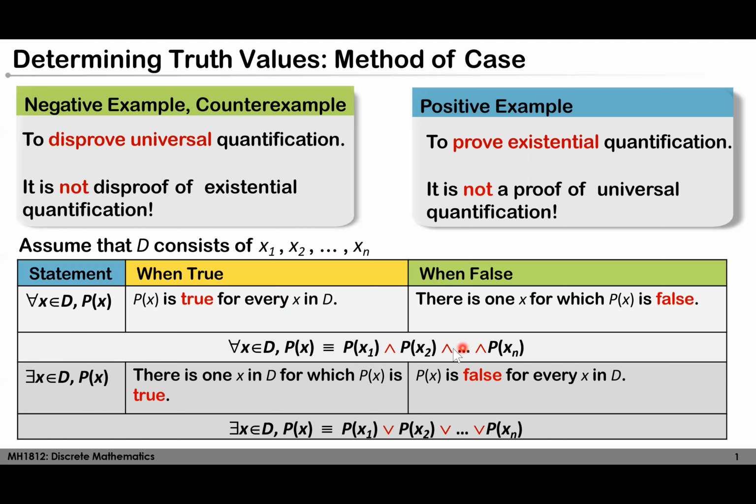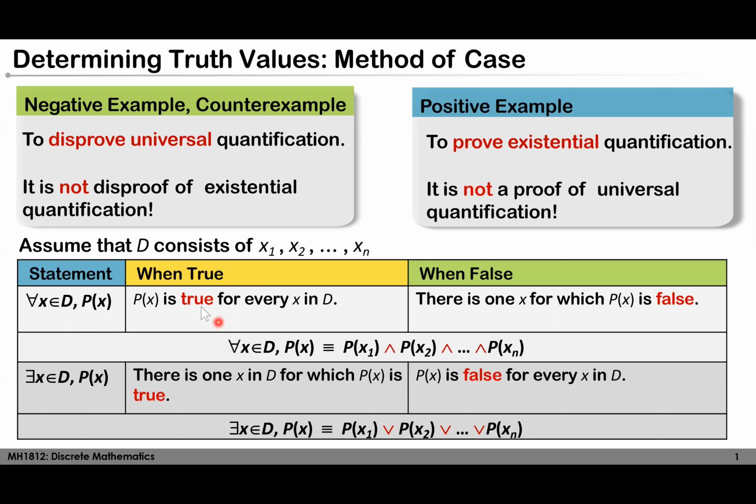So it is true when P of x is true for every x in D, and it is false as long as there exists one x in D whose instantiation is false. And for this existential quantification, we know this is equivalent to the disjunction of all the instantiations.